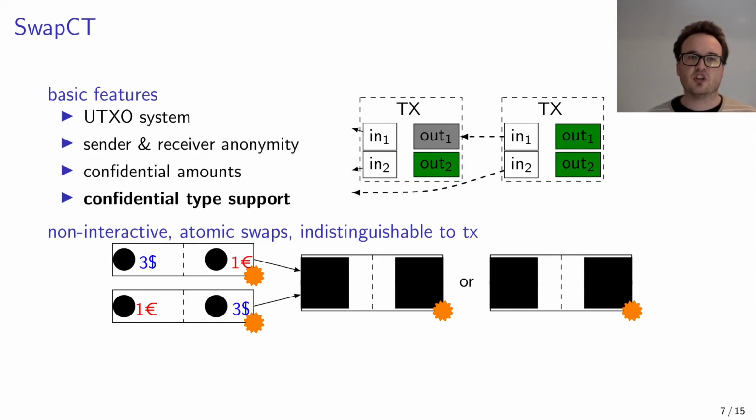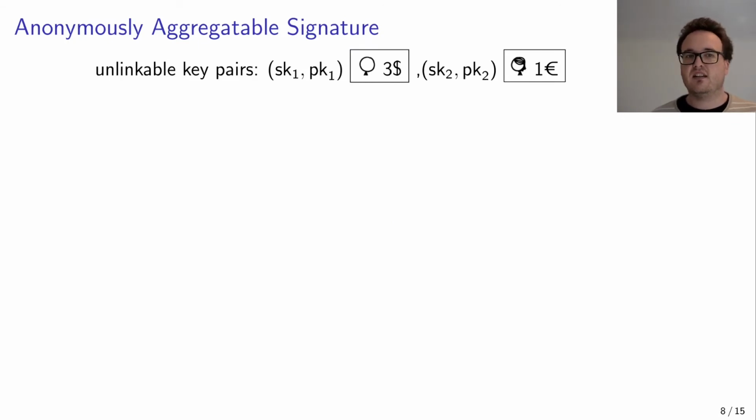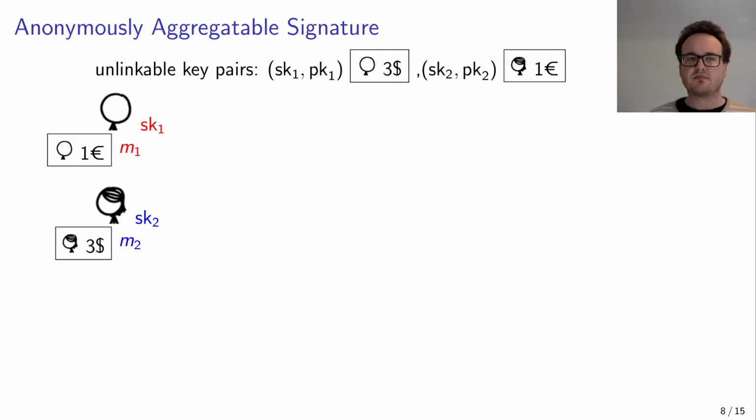So our main work is how these aggregatable signatures work. To start, we assume unlinkable key pairs for the inputs. So each input has a public key and somebody has the private key to it. QWall has a $3 input and Megan has a €1 input, and they both have the respective secret key for that. They have the message they want to achieve: Kargl wants €1, Megan wants the $3.